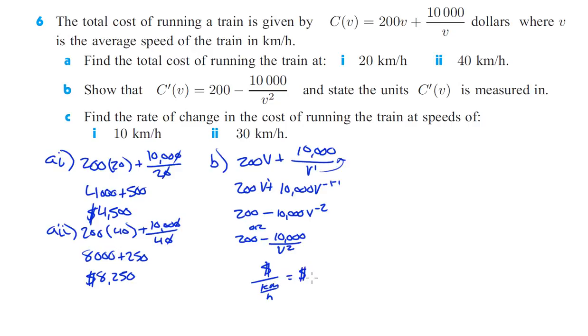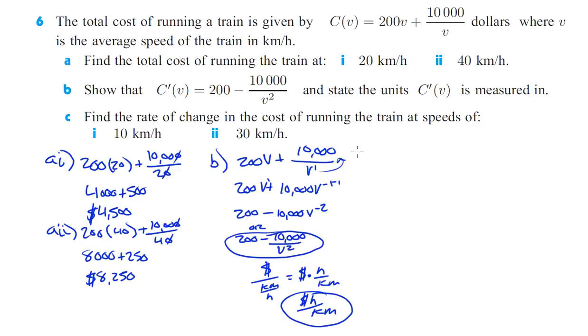So that's the same thing as dollars times hours over kilometers. So it's really dollars an hour per kilometer. That's weird. All right, we get that, and again, we showed that that's our derivative.